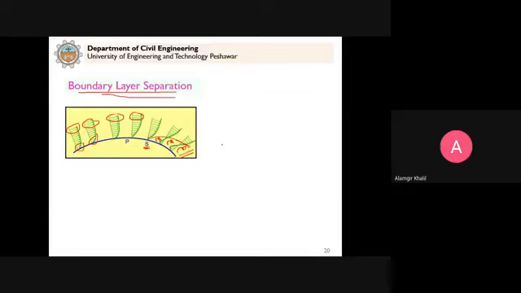So this boundary layer separation is an undesirable phenomenon, because if the boundary layer separates, it will increase the drag force on the body, whereas our purpose is to reduce the drag force. This phenomenon in which the boundary layer gets separated from the surface of a body is known as boundary layer separation.